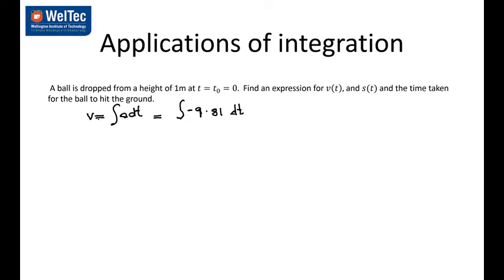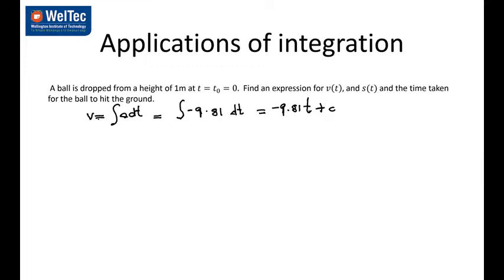And the integral of negative 9.81 is negative 9.81 t. Don't forget plus c, because it's in these practical examples that c actually is important.